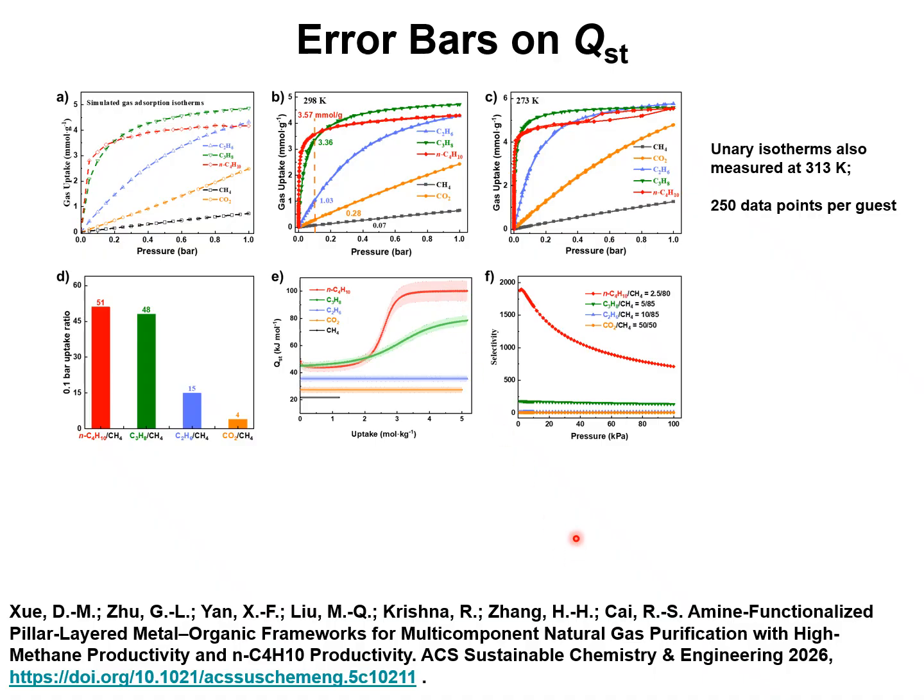As far as I am aware, error bars in QST calculations are not commonly reported in the MOF literature. I explain in this video presentation how these error bars in the QST calculations are calculated.